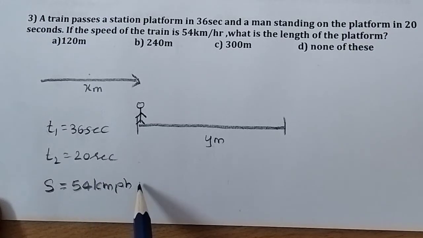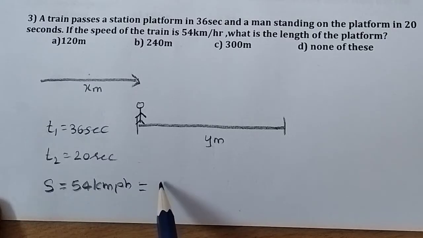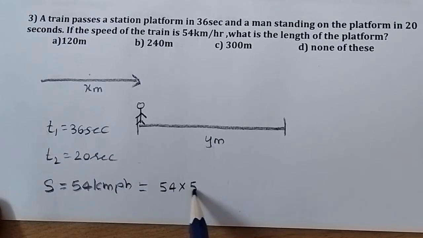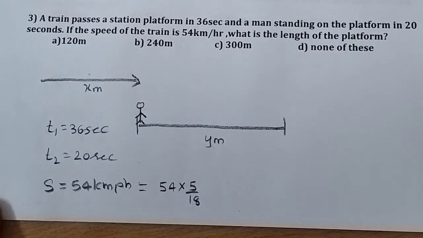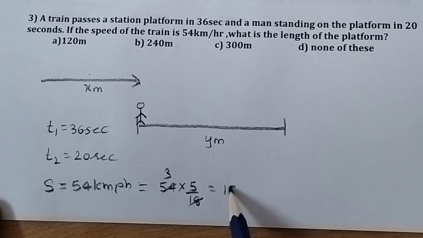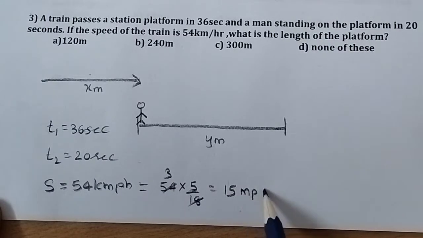I want to convert the given speed into meters per second, that is 54 into 5 by 18. Now 18 will cancel 3 times, so 15 meters per second is the speed of the train.